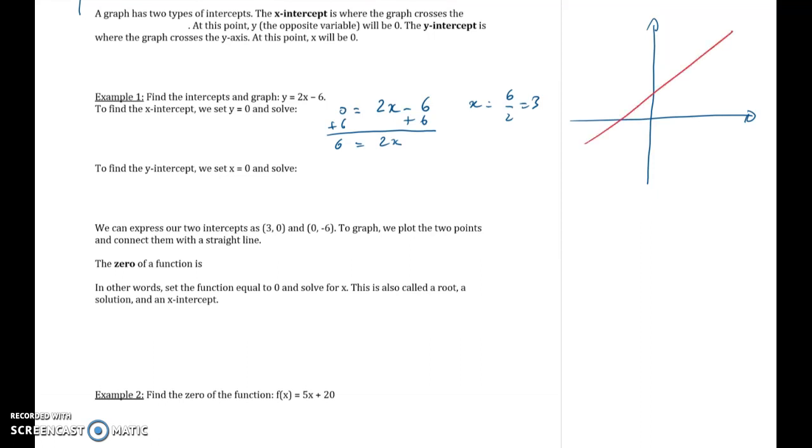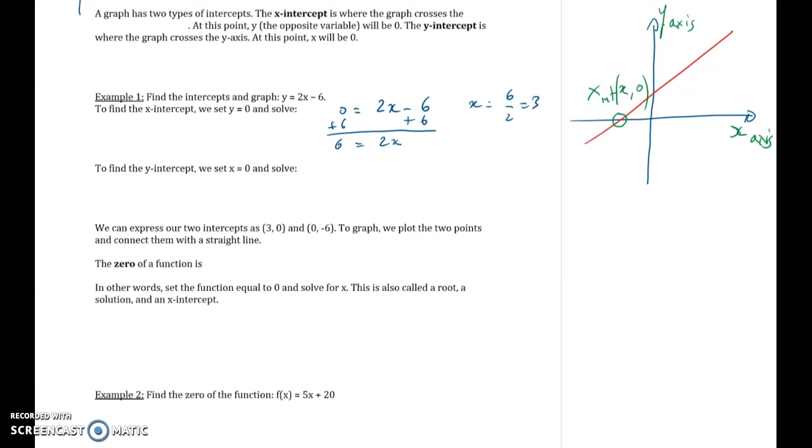The point of intersection right here is the x-intercept, and this point has a value of x, because I am on the x-axis. But when I look at the coordinates of this point, the value of y is 0.